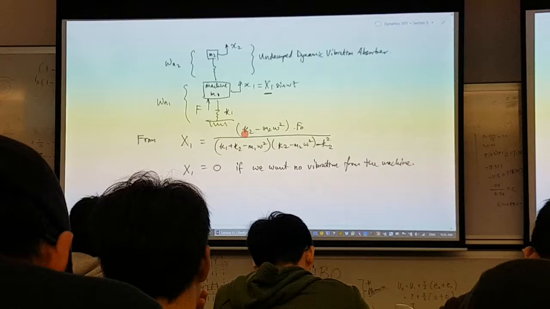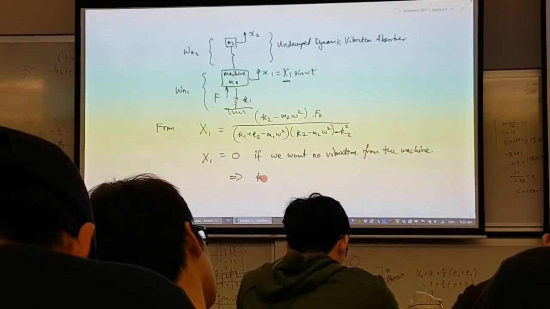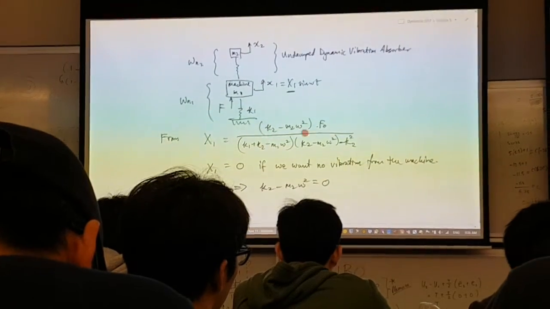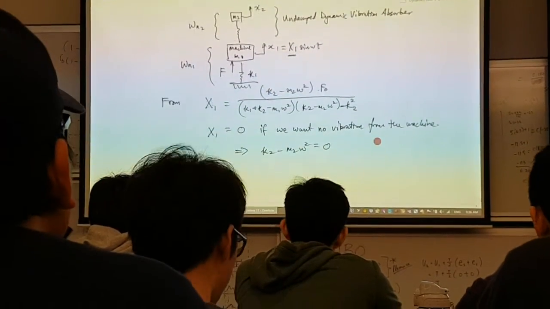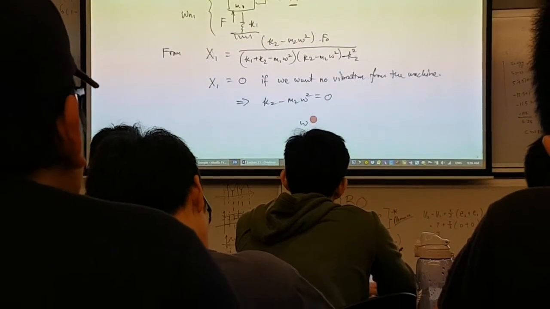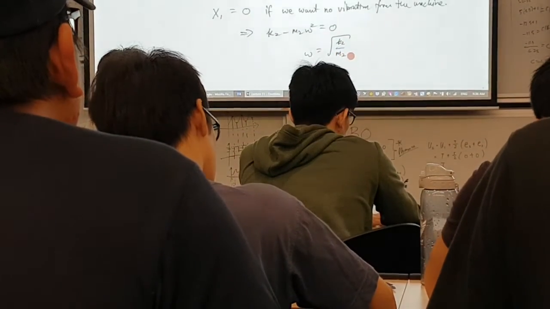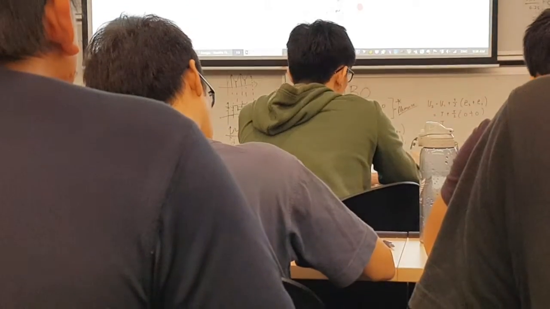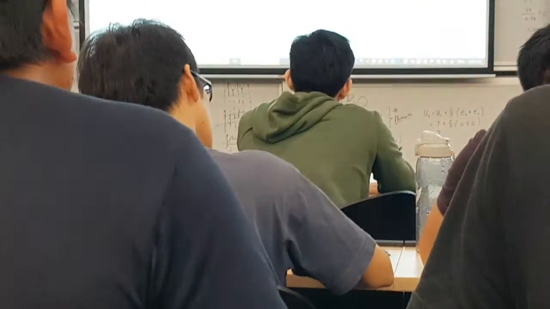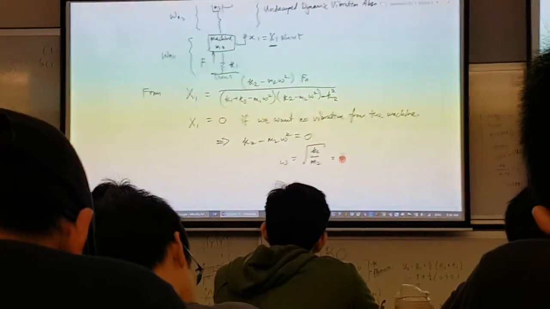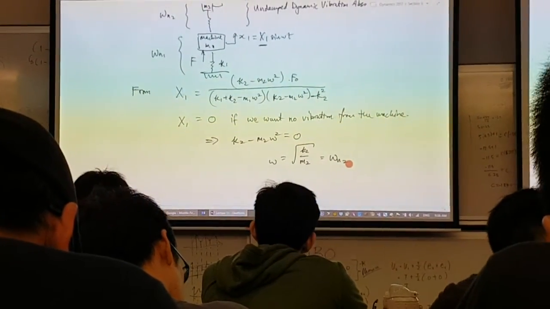So if that's the case, that means your K2 minus M2 omega squared must be equal to 0. This part here must be equal to 0, and we can solve it. Omega equal to square root K2 over M2. So this K2 over M2, in fact, is actually your omega N2.